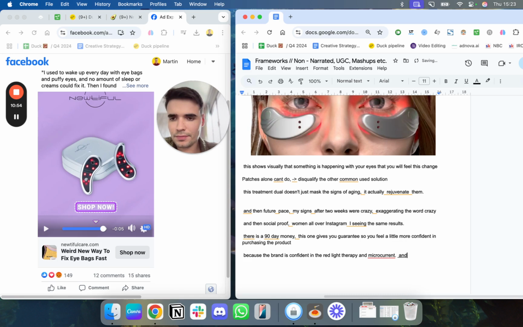And then there is the end caption. The end caption is pretty important. It's one of the strongest things you can do to actually push the customer to purchase.